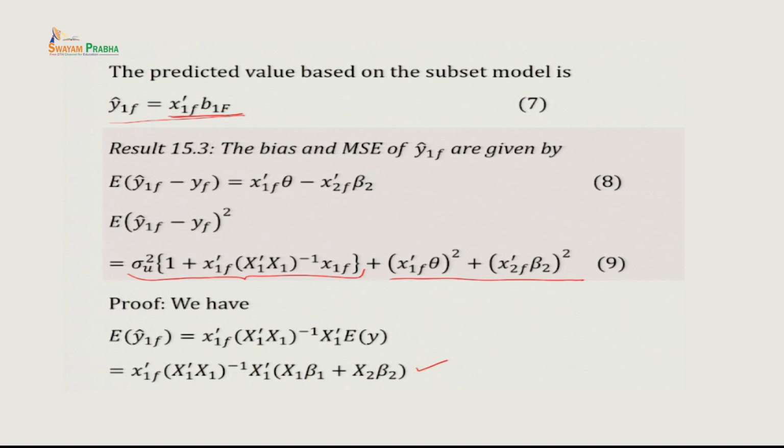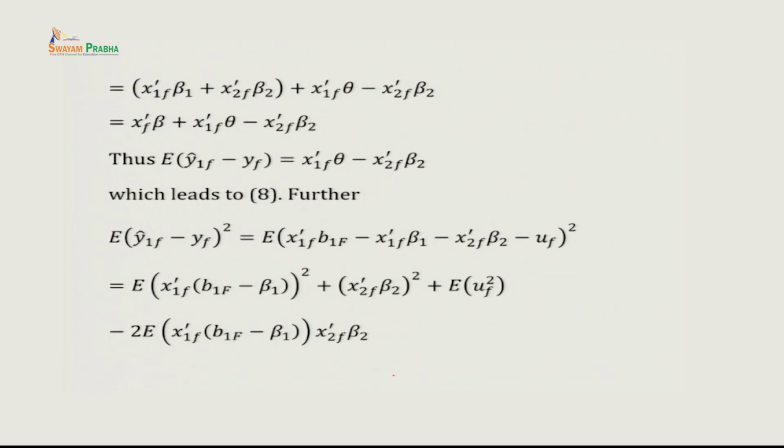Then this second part is equal to x1f transpose (x1 transpose x1) inverse x1 transpose x2 beta2, which is equal to theta. So, you get x1f transpose theta here.